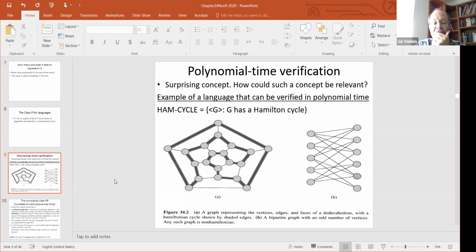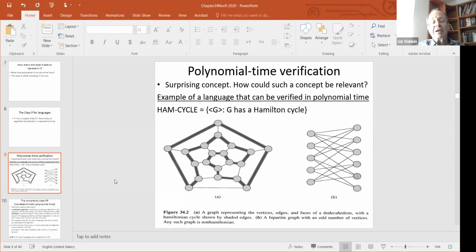Okay, so look at this problem. Hamilton cycle problem, I already defined it. If you want to think about it as a graph, and graphs are languages, because what is a graph? I can describe to you any graph as a sequence of bits, like the bits list all the vertices, all the edges, and so on.